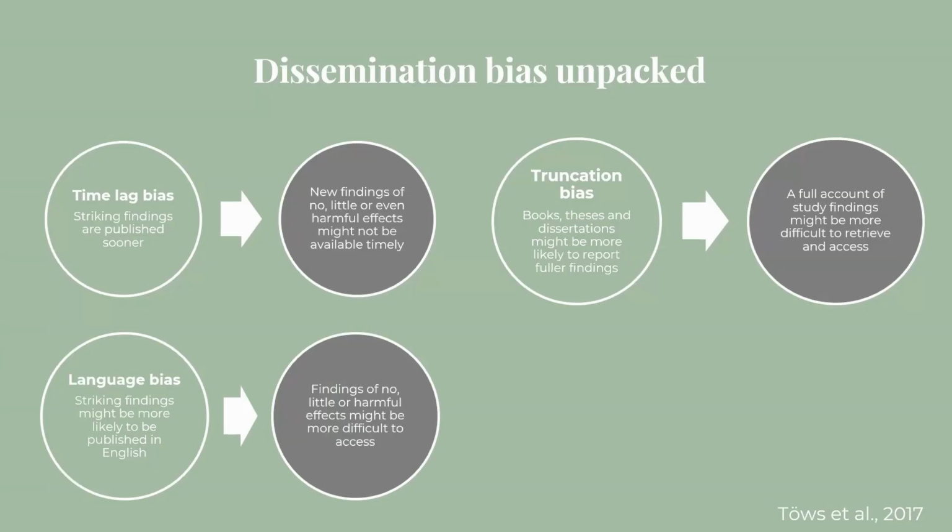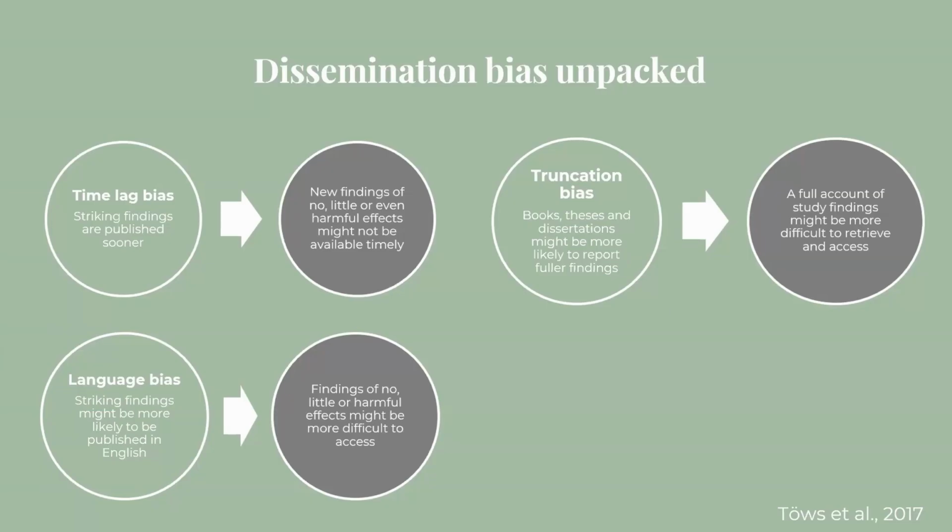And still, expressing small nuances of speech and language that might add to the correct understanding of the phenomenon of interest might be more challenging for researchers who are not writing in their first language. So, less striking findings are probably more likely to be published in national, non-English journals where the readership is limited and the reports are more difficult to access, for example, through literature searches.